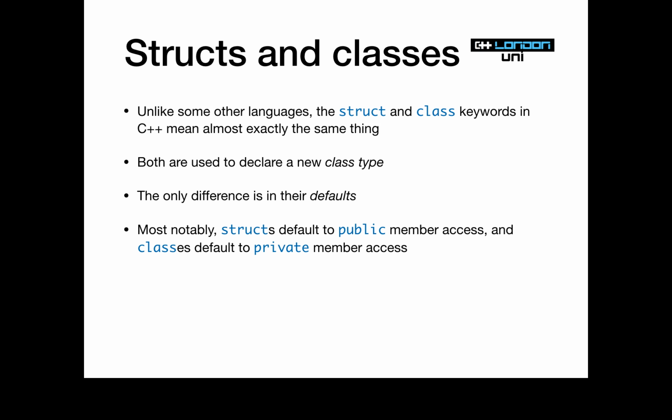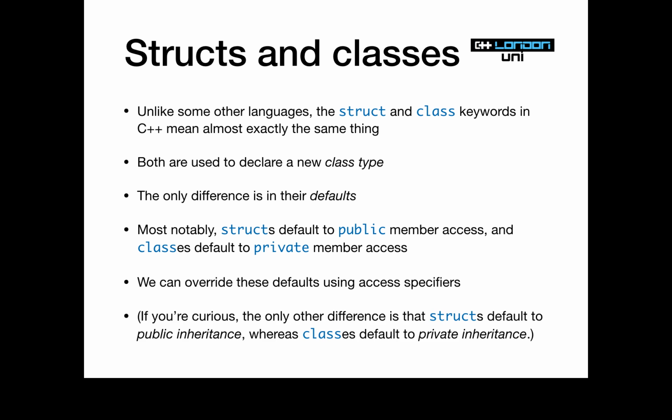That's the main and most important difference between struct and class. There is one other little difference that comes up less often. But because we can write access specifiers whenever we like, we can just override that default. So if you write class blah and immediately put public with a colon, that's basically exactly the same as writing struct blah. There's no difference as far as the language is concerned.